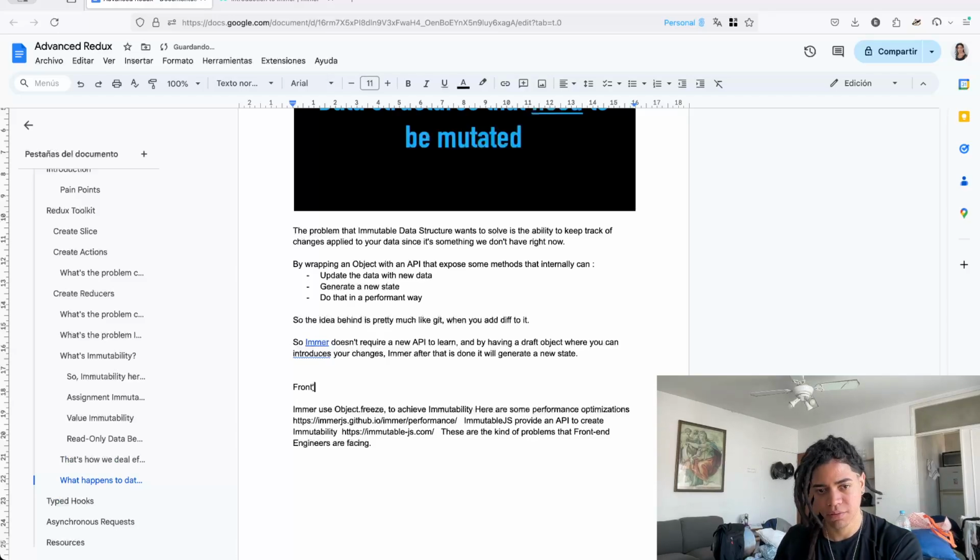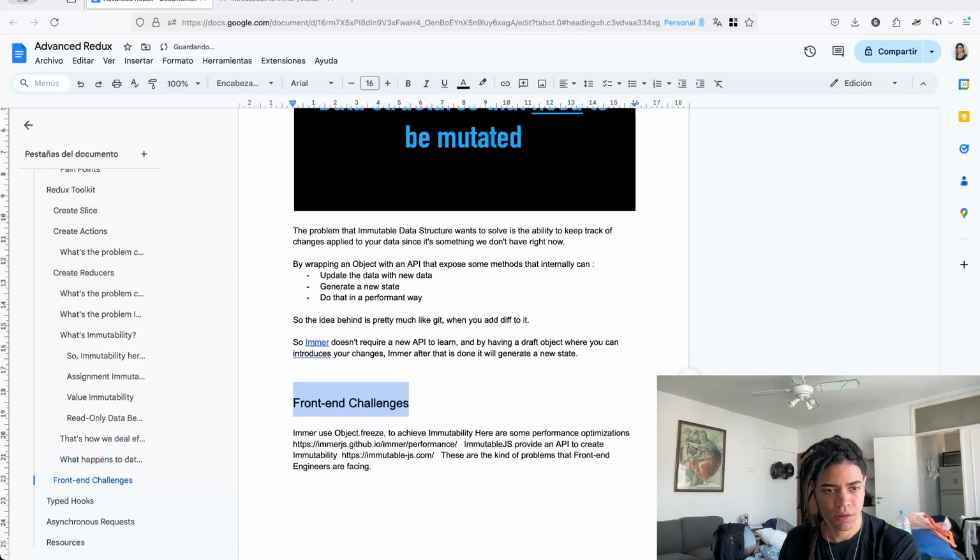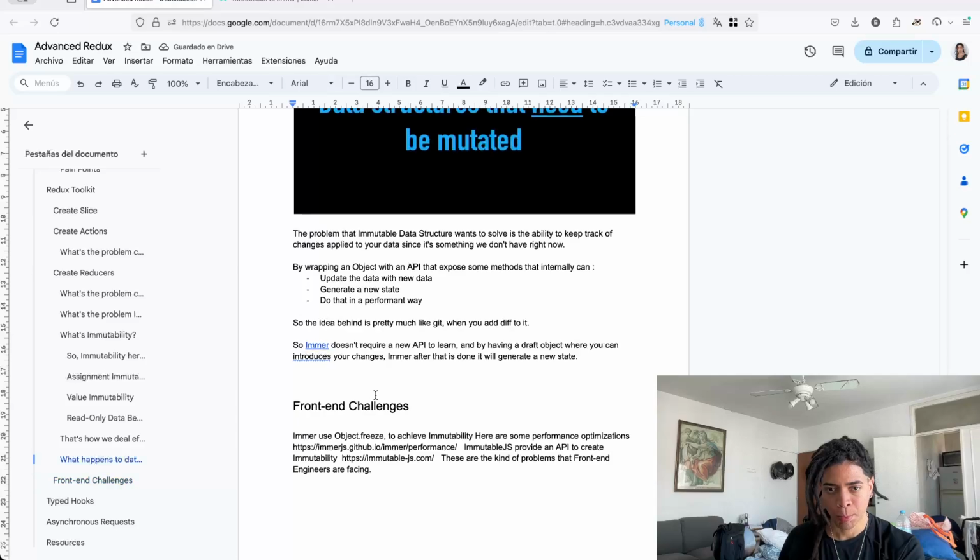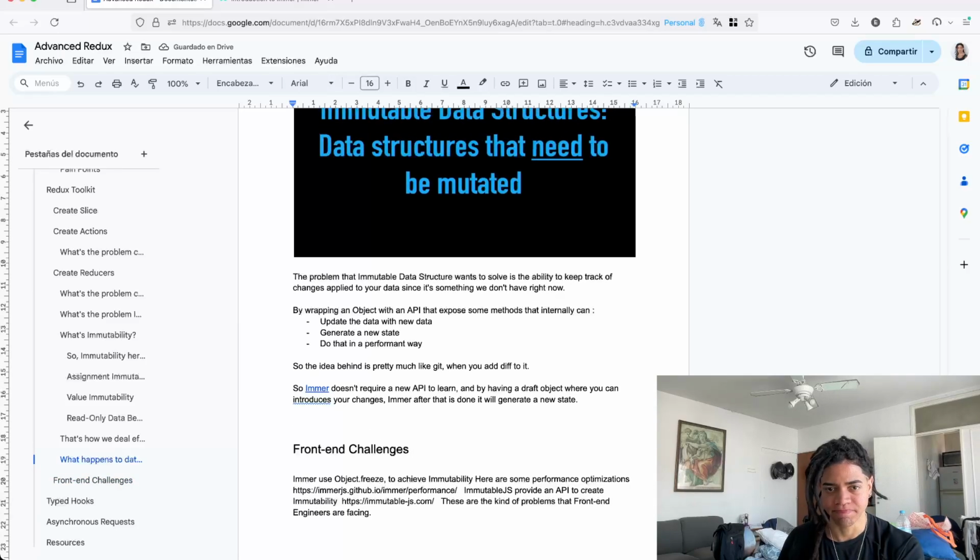So, front-end challenge. This is the kind of problem that we are going to face, especially if you're building modern web applications like that.